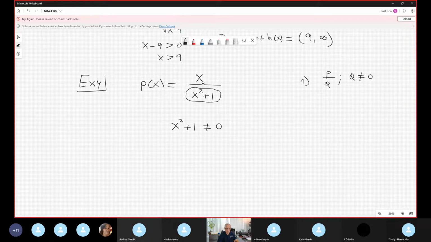Again, this is not comfortable for us, and you put it like that because I feel more comfortable solving the quadratic equation. In this case, look, x squared, I move 1 to the other side, minus 1, and you apply square root. So x equals, the square power and square root cancel out each other, plus or minus i, imaginary, which is exactly what I need to avoid.